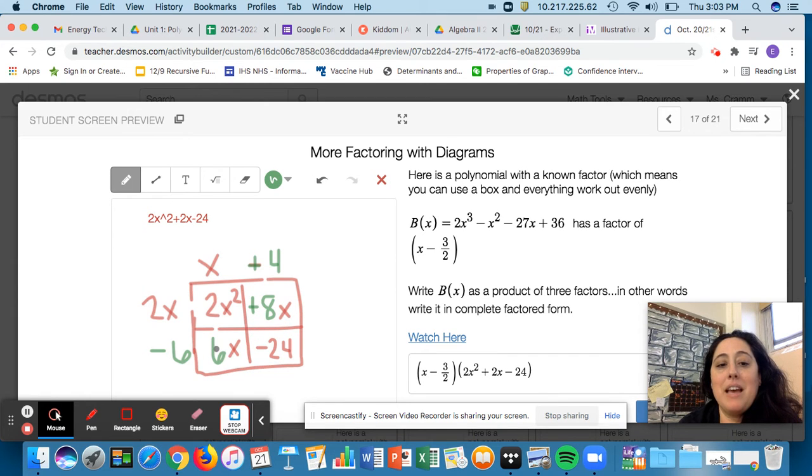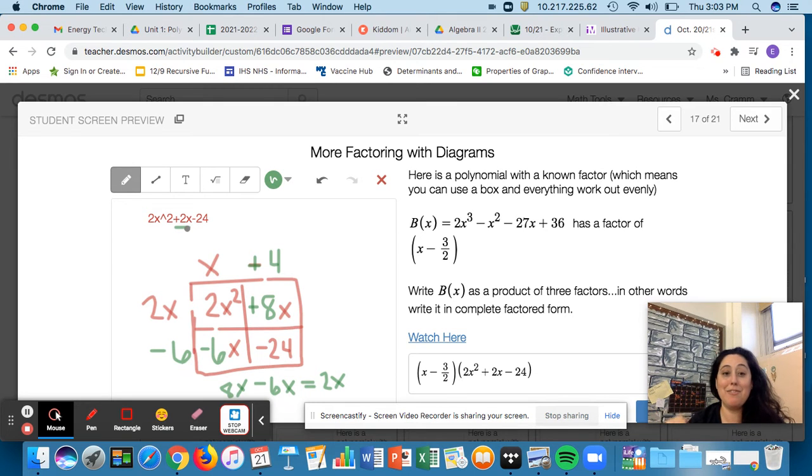And negative 6 times x would give me a negative 6x. And 8x minus 6x would match the middle term of a positive 2x, right? Because they've got to combine to get that middle term.